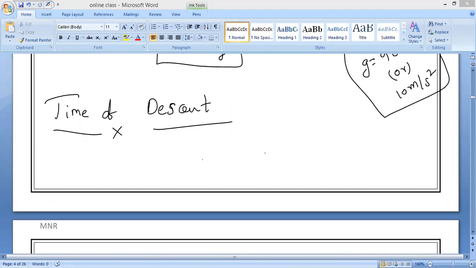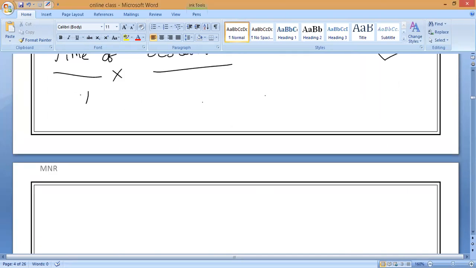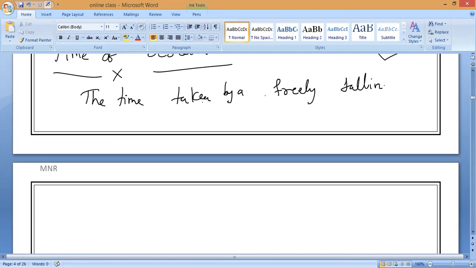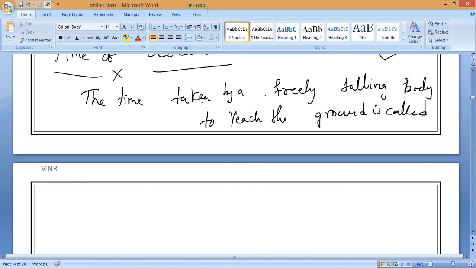So please note it down: the time taken by a freely falling body to reach the ground is called time of descent.